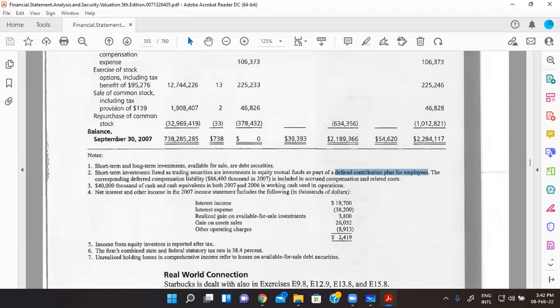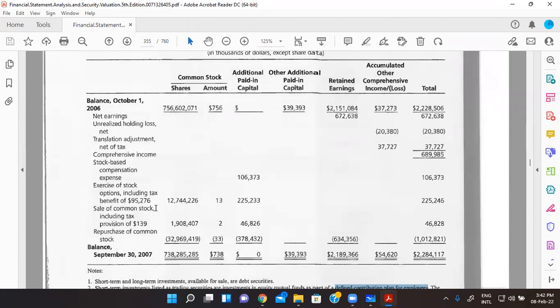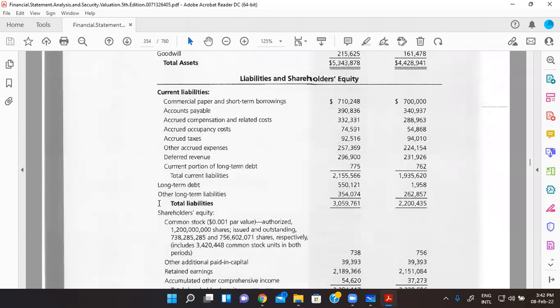Otherwise, we would say that these are part of the financial assets, as a part of investing our extra cash.